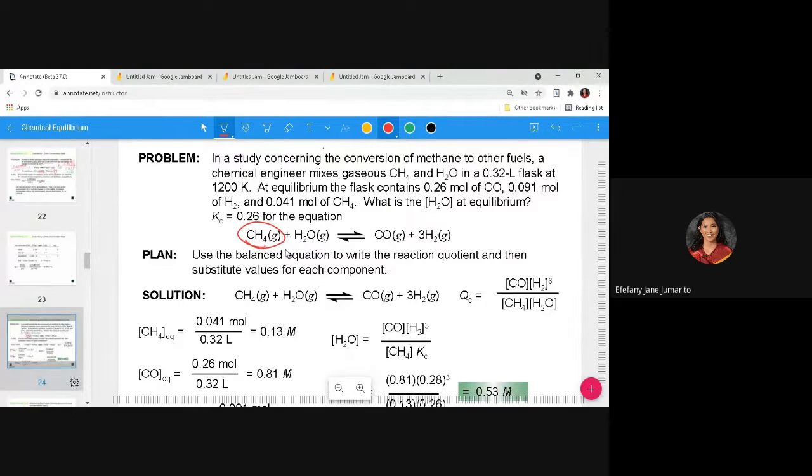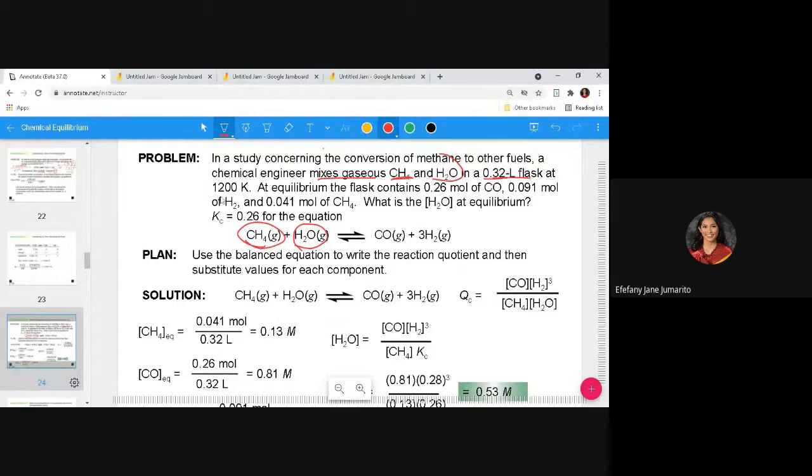So methane to other fuels, a chemical engineer mixes gaseous CH4, methane, and water in a 0.32 liter flask. Take note, 0.32 liter flask.